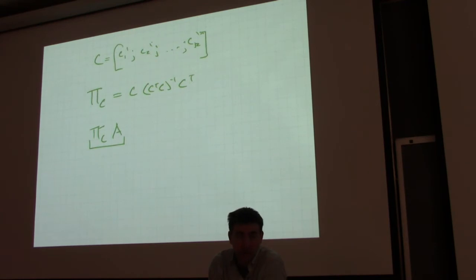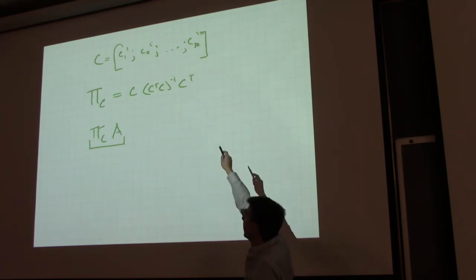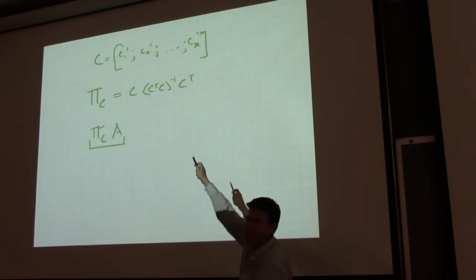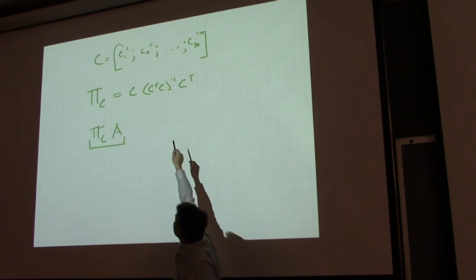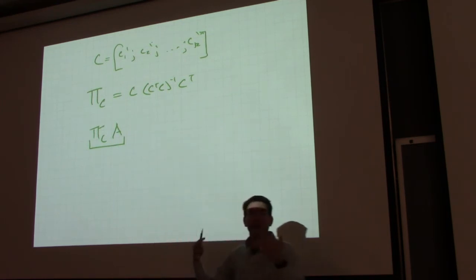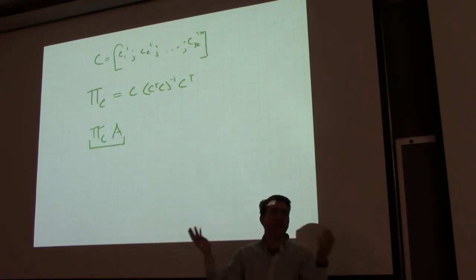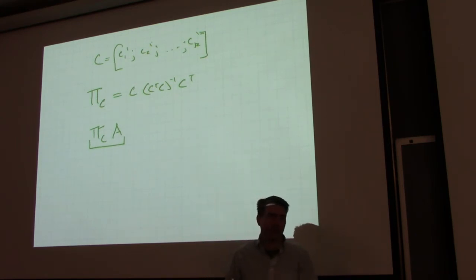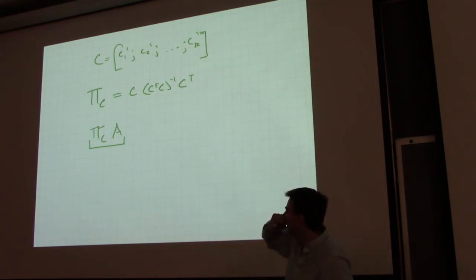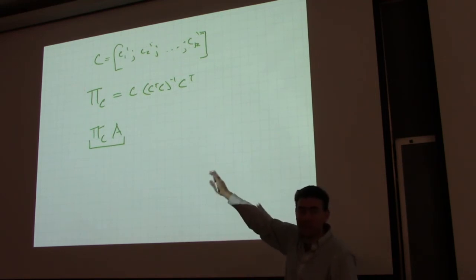If I look at what this projection is doing, I'm multiplying by C transpose and then back by C again, so I'm undoing the operation of multiplying by C. And the C transpose C inverse is removing the scaling part. I'm undoing the scaling by doing that inverse in the middle. So I can normalize first and get rid of this, but this is projecting onto the subspace spanned by these columns.